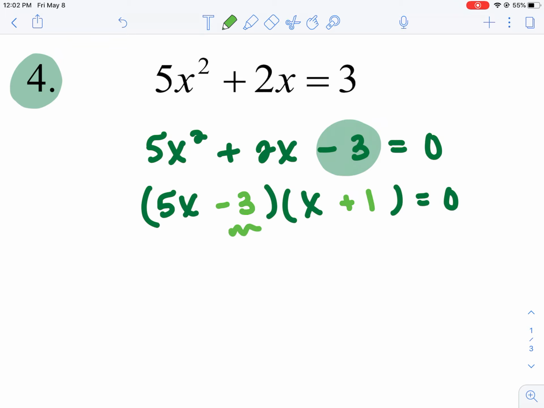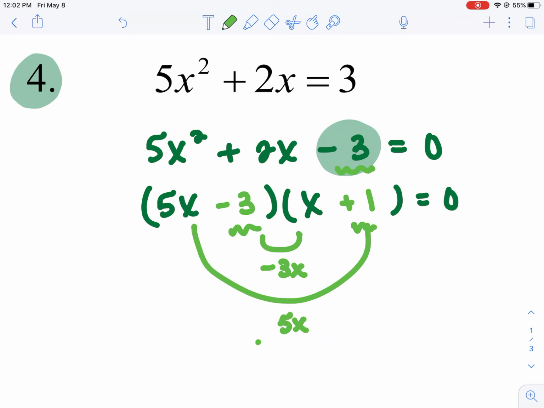Because negative 3 times positive 1 gives me that negative 3. When I do this, negative 3x, multiply negative 3 times x and my 5x times my 1, and I add to see what that middle term would end up to be, I do get that middle term. So my first guess was right.